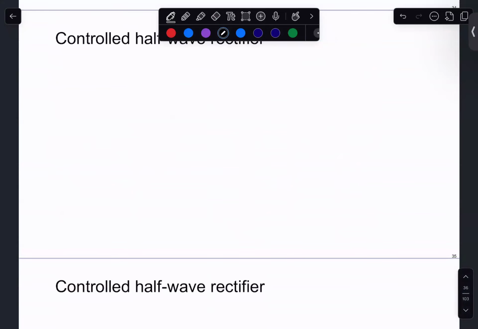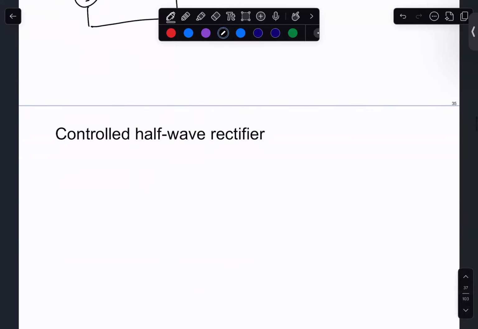The controlled half-wave rectifier is, instead of a diode, we use an SCR. Okay, so this allows us to control how much of the wave gets through. So maybe instead of half the wave, let's say we want 40% of the wave or something like that. And the SCR gives us the ability to do that. Okay.